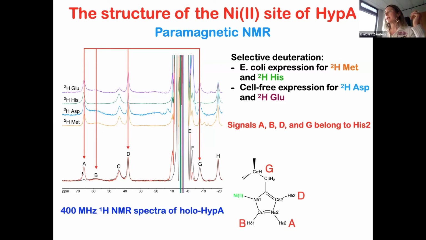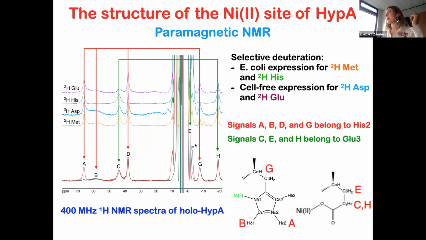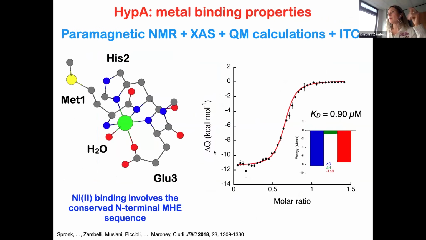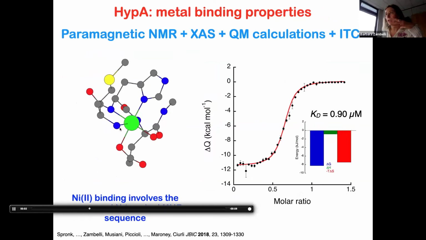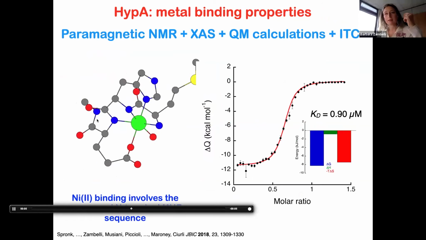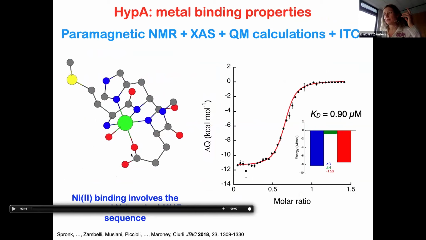So these signals A, B, D, and G derive from histidine 2, and the signals C, E, and H belong to glutamate 3. So we could find that this is the nickel binding site in HypA, with nickel bound by the N-terminal NH, the backbone nitrogen of histidine 2 and glutamate 3, and the side chains of the histidine and of the glutamate.